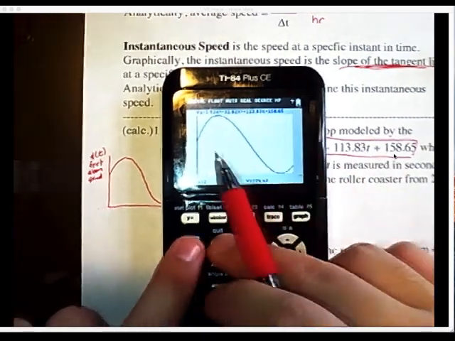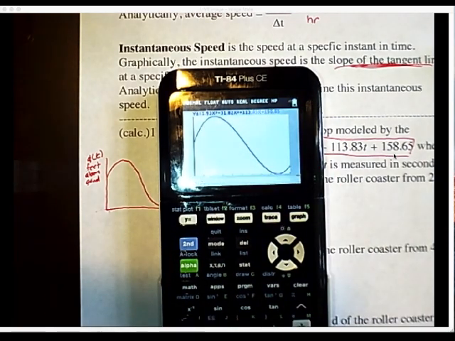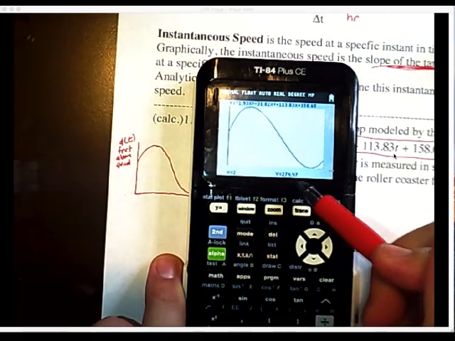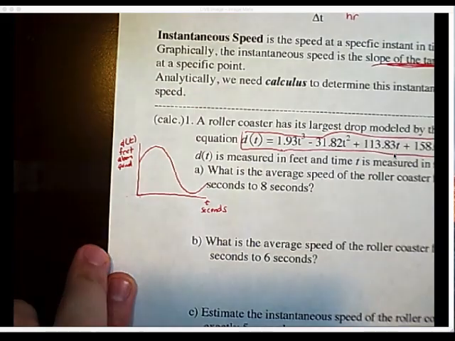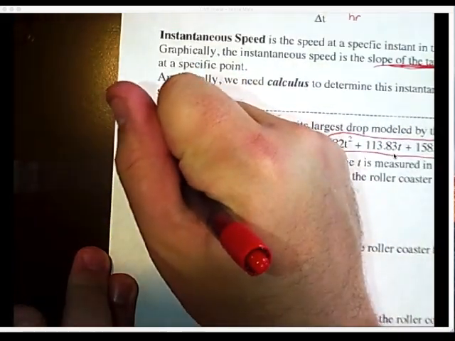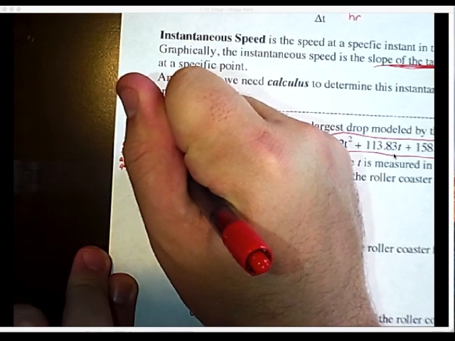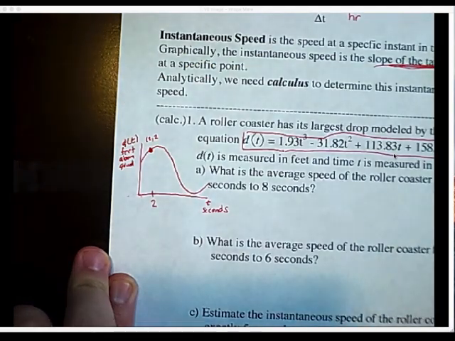After I hit trace, all I did was type in 2 and hit enter. And the height at that time is 274.47. So this point is 2 comma 274.47.